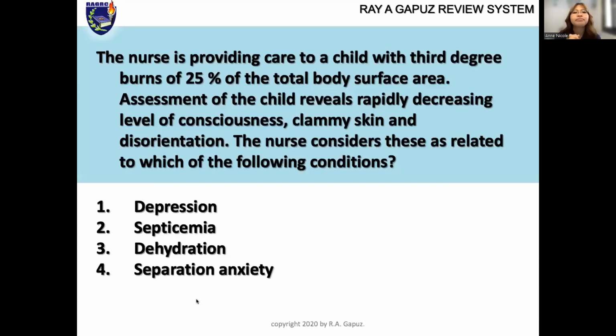Now here, the nurse is providing care to a child with third-degree burns of 25% of the total body surface area. Assessment of the child reveals rapidly decreasing level of consciousness, clammy skin, and disorientation. The nurse considers these as related to which of the following conditions? Third-degree burns of 25% of total body surface area.